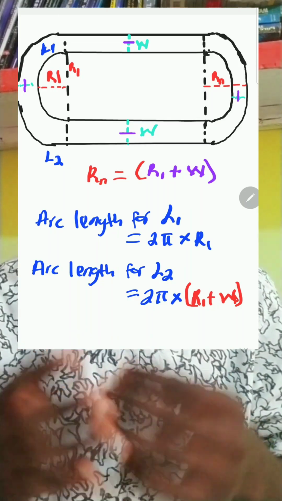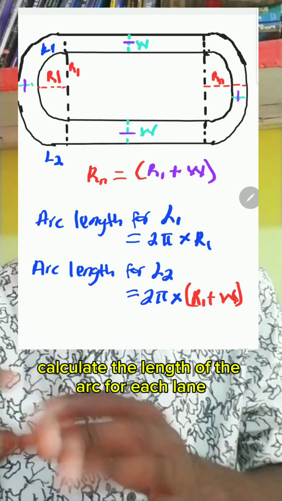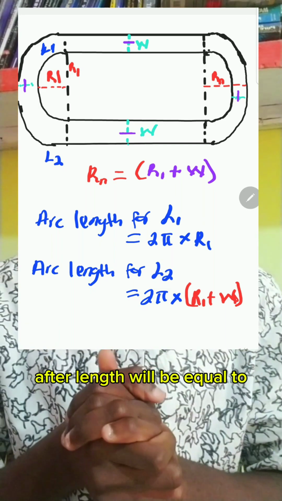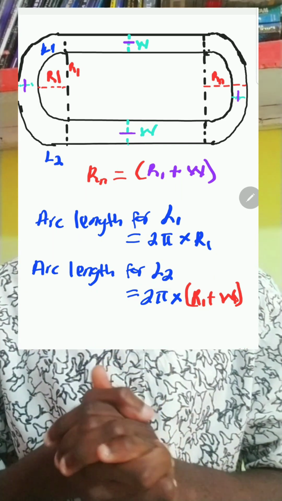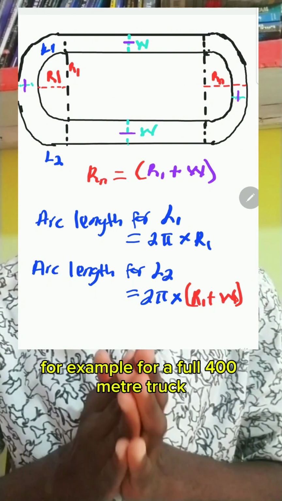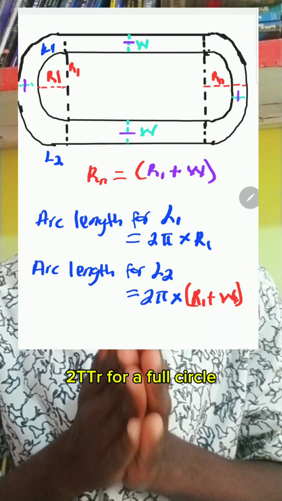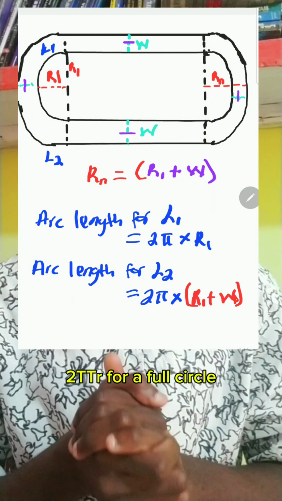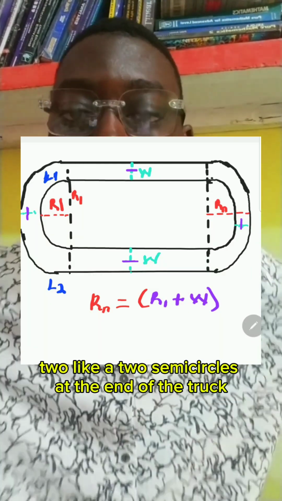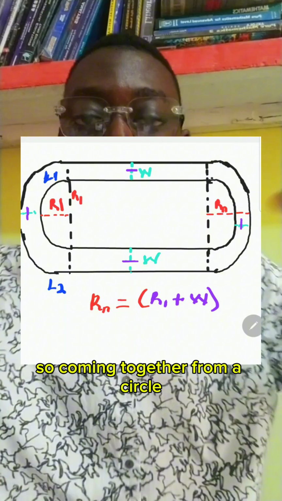4. Calculate the length of the arc of each lane. Arc length will be equal to 2 pi r. For example, for a full 400-meter track, 2 pi r for a full circle. Because you know we have two semicircles at the ends of the track, coming together to form a circle.